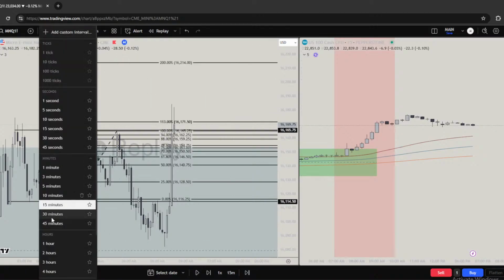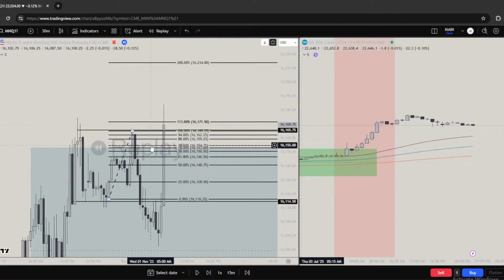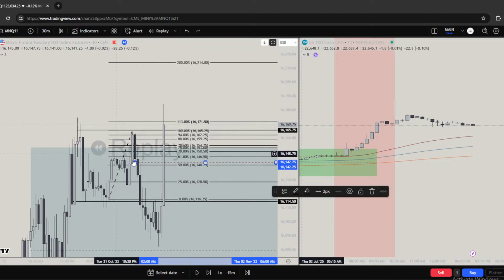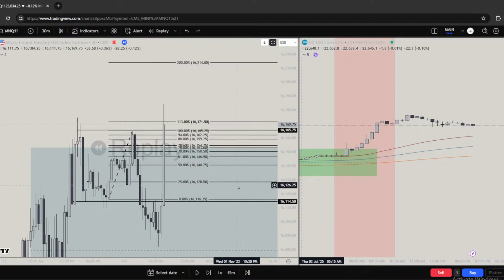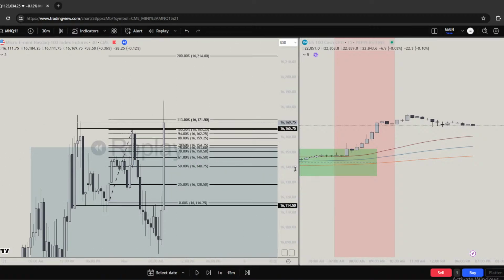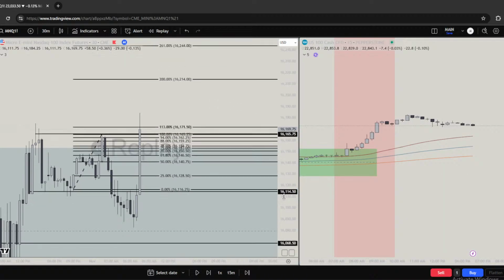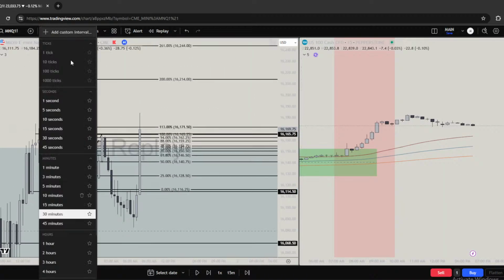Now we just got to see how price reacts. A good buy zone would be here. I want price to come here. Very little. No, that's not a gap there. Let's go to the 1 hour.